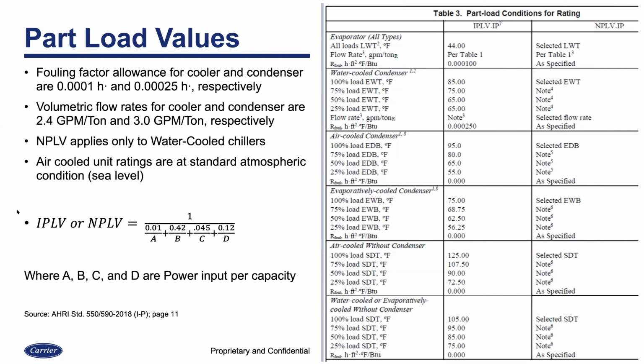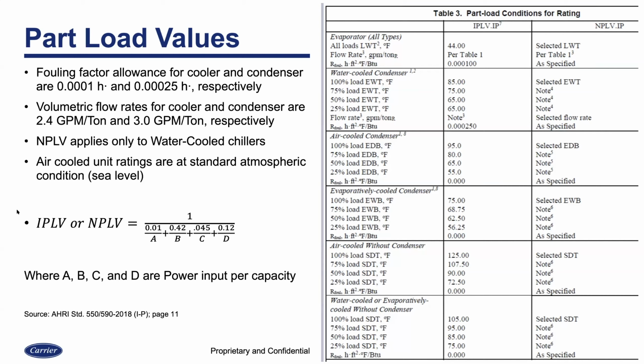So as I mentioned in the previous slide, the IPLV and NPLV are based on single chiller calculation for standalone chillers. We all know that 80% or more of chilled water plants usually have multiple chillers. So these efficiency values do not precisely represent plant operating conditions.